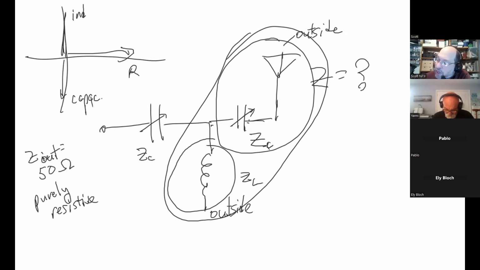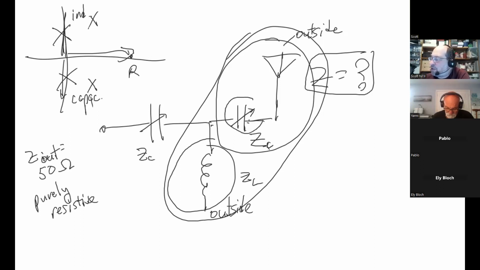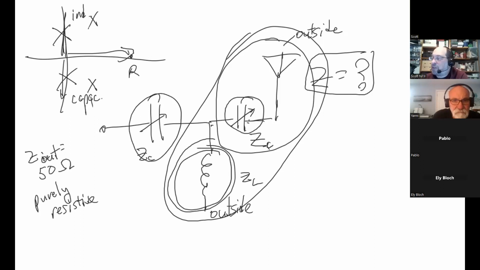We would want these to completely cancel each other. So we have this unknown antenna, which has resistance and some kind of reactance, X. We use a combination of this capacitor, this inductor, and this capacitor to make these all cancel out, so we end up with 50 ohms.